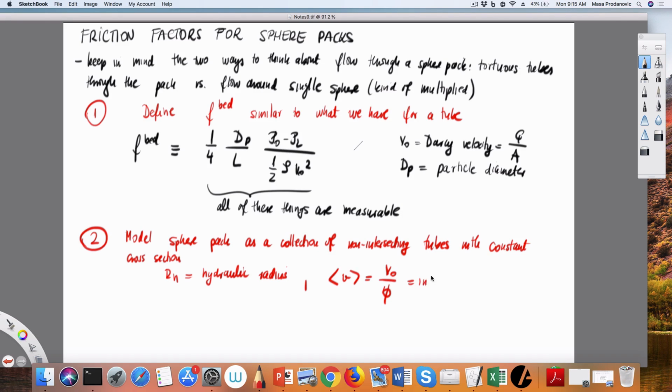So this is my interstitial velocity, similar to the derivation of Karman-Kozeny, and phi is my porosity.